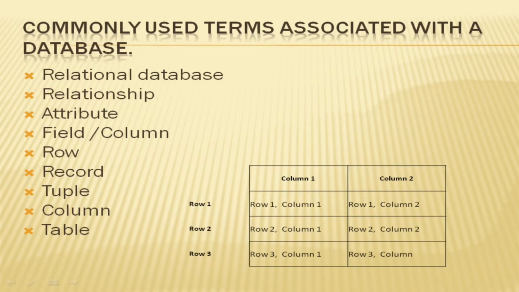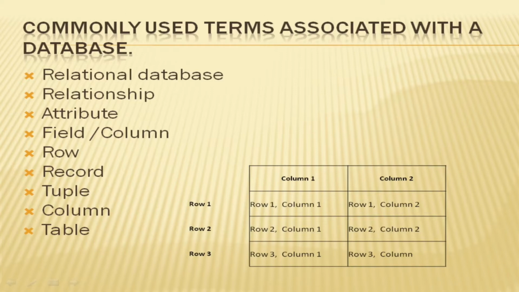Cool. Alright, the next term is relationship, and a relationship is the linking of tables and files to share records or data, right? And the next term that you should know is what we call an attribute, and an attribute is the individual property of an entity. An attribute is represented by a field in a database, right?